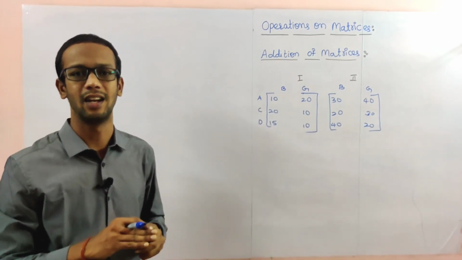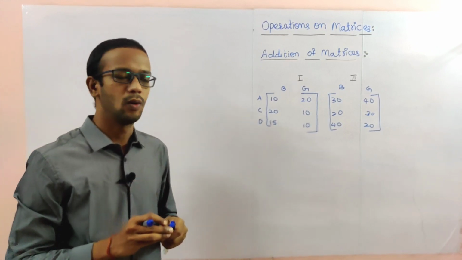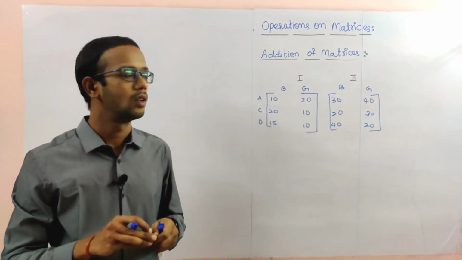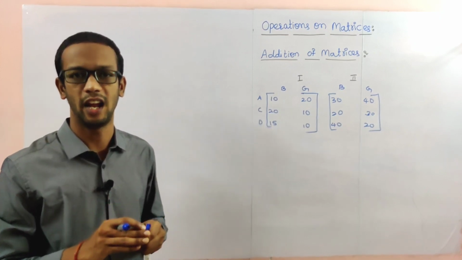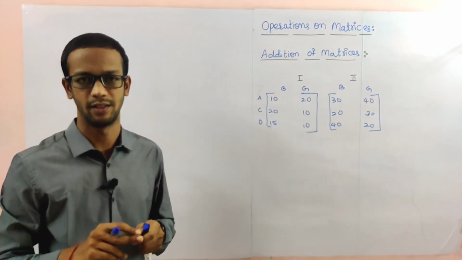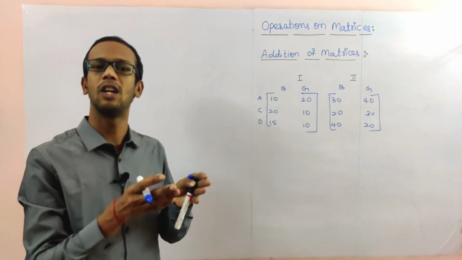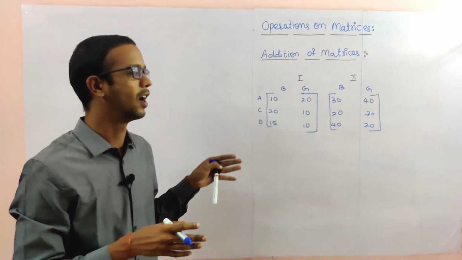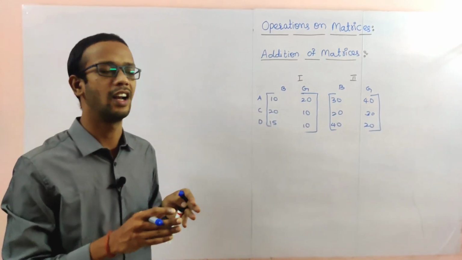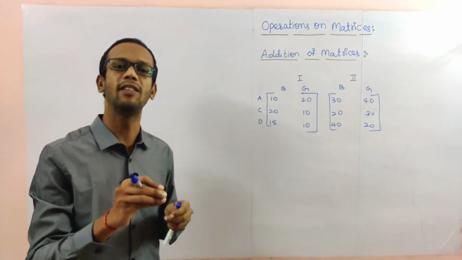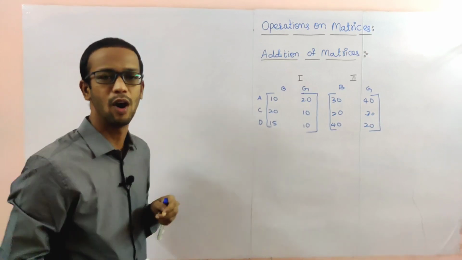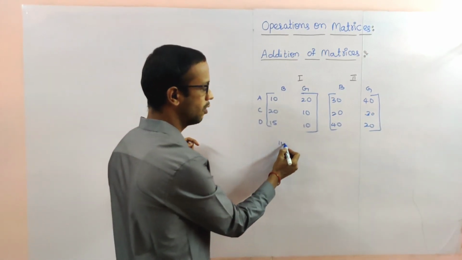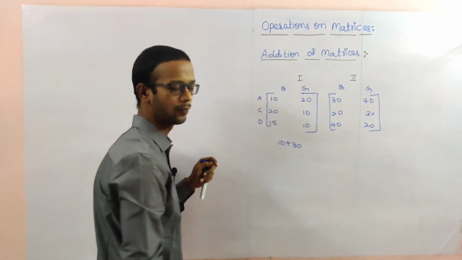So now I am asking: total number of boys in section A in the two colleges. One person only has two colleges, naming them 1 and 2. Total number of boys in A division means what will we do? 10 plus 30.